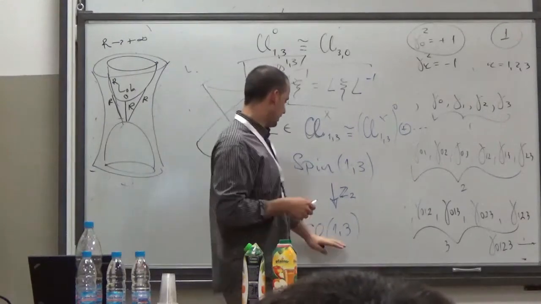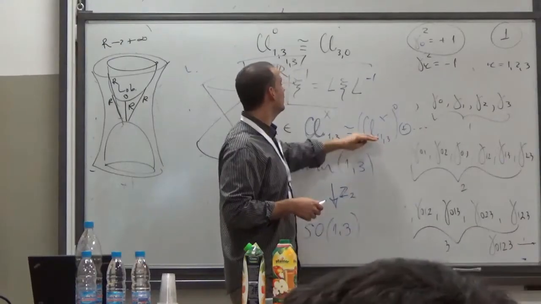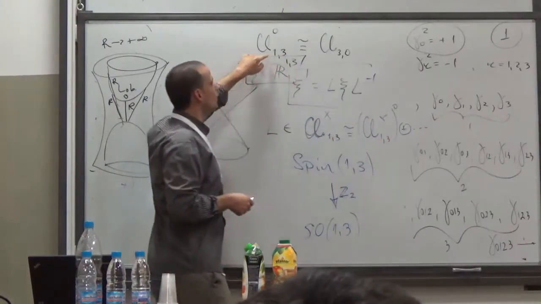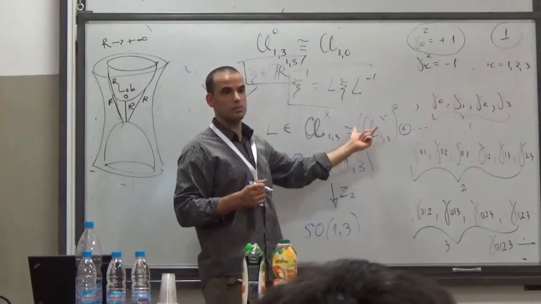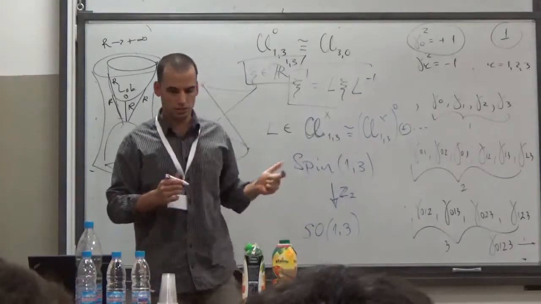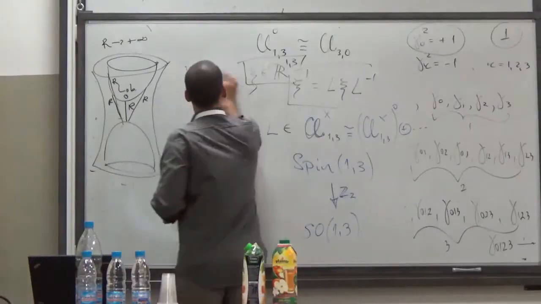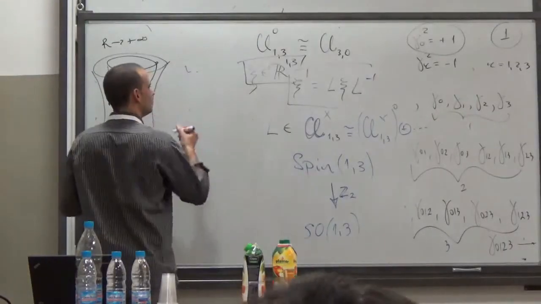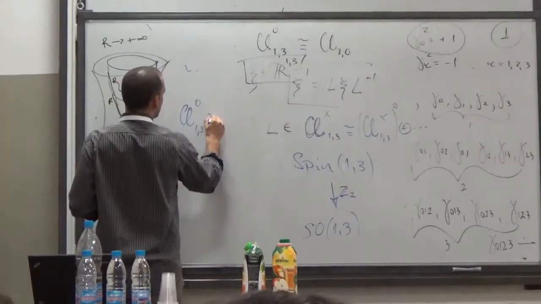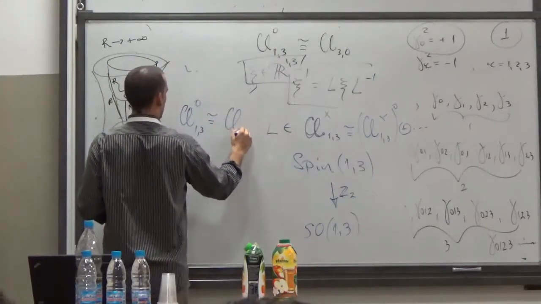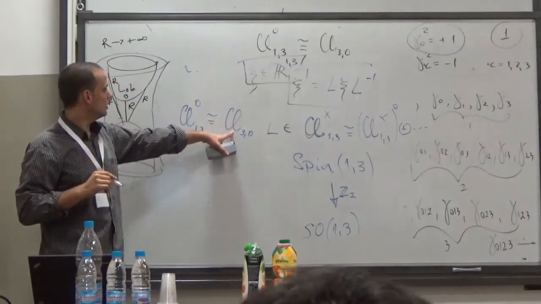So to get the Lorentz group from scratch, one doesn't actually need the whole space-time algebra. One only needs the even component of the space-time algebra.